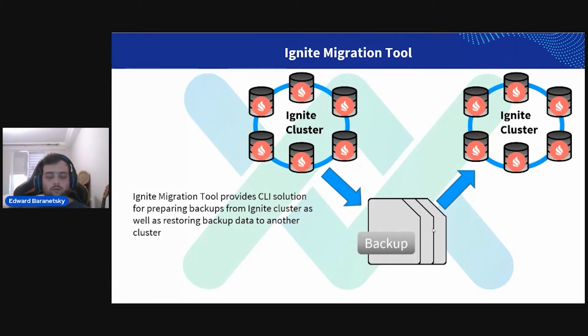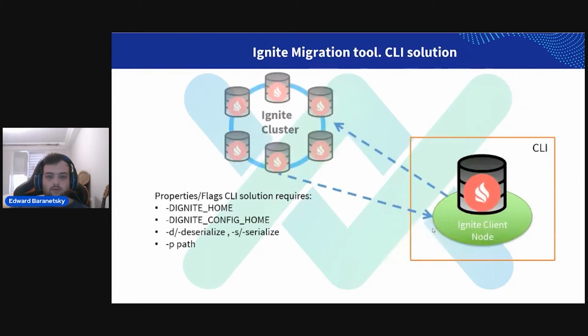So what does Ignite Migration Tool bring to the table? It brings a CLI solution for preparing backups from an Ignite cluster, as well as restoring backup data to another cluster. The CLI is based on an Ignite client node. That's why it requires some system properties to be set.